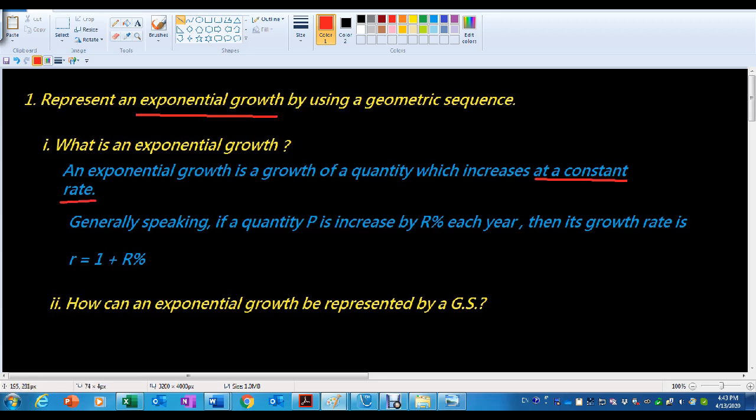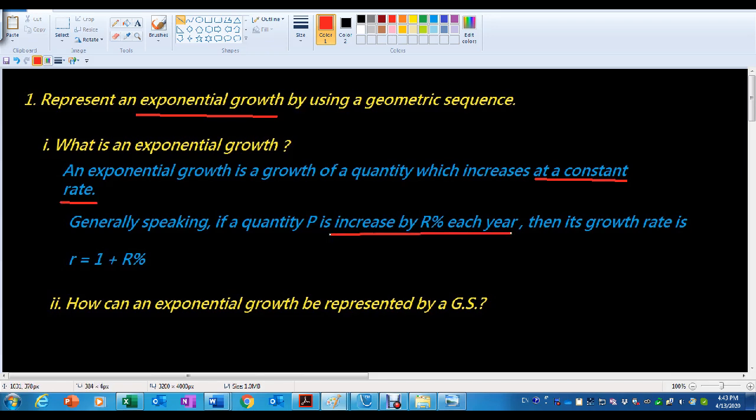What do we mean by constant rate? Normally the rate is related to time. A constant rate normally means a quantity increased by R% each year. Sometimes it could be days or months, but in the context of a textbook, it's normally an increase by R% each year.